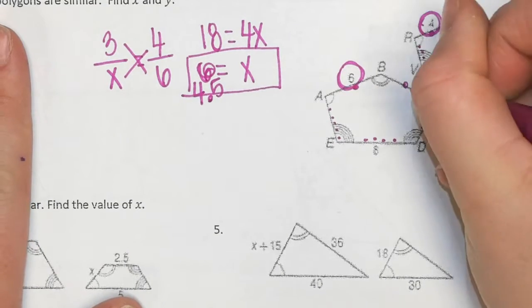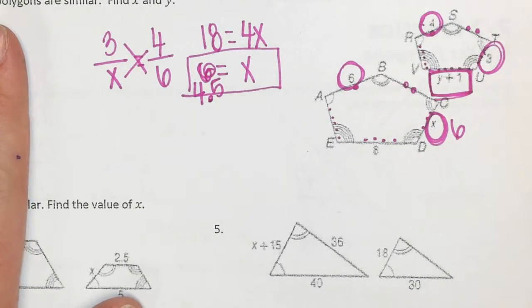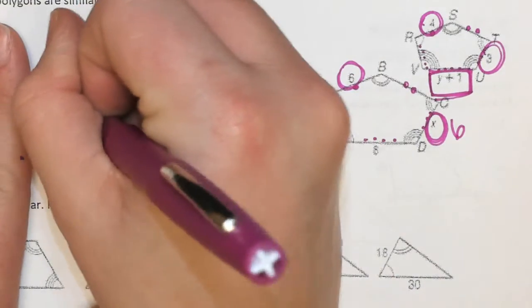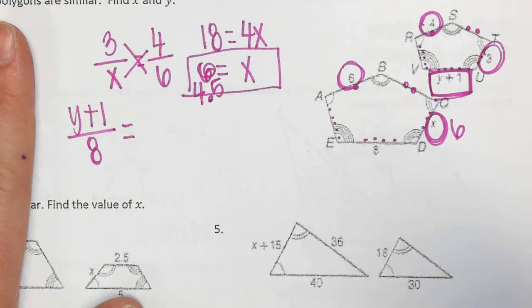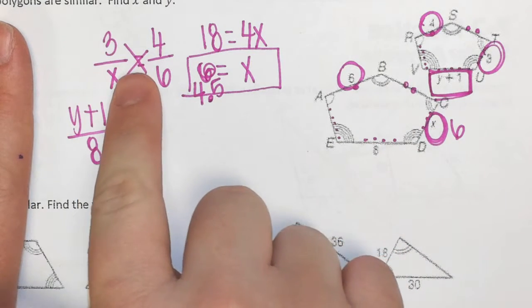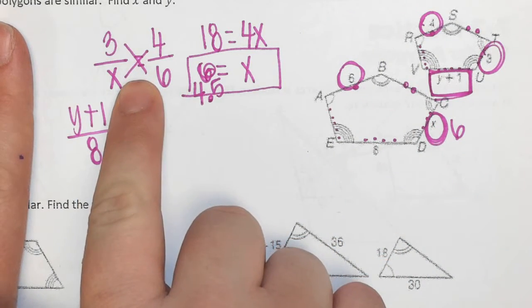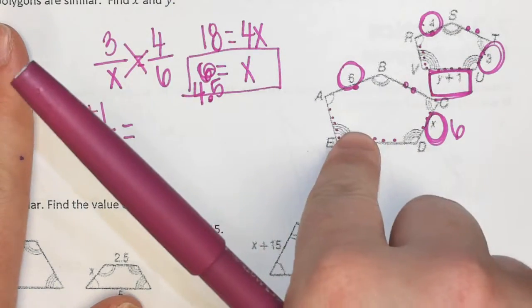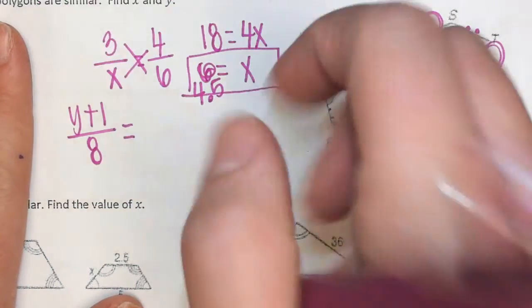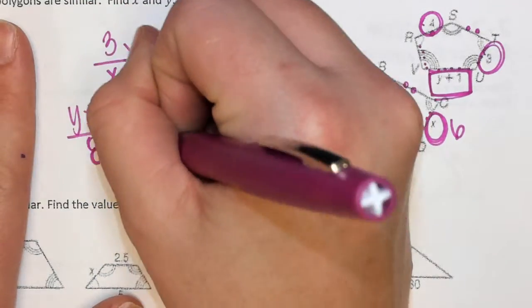Okay, now we do the same thing to find Y. Y plus 1 right here goes with what? 8. So you'd have Y plus 1 to 8 equals, well, can't I just use this 4 to 6 again? I can. It's in the same order. Y plus 1 is to 8 as 4 is to 6. So what happens with this Y plus 1?